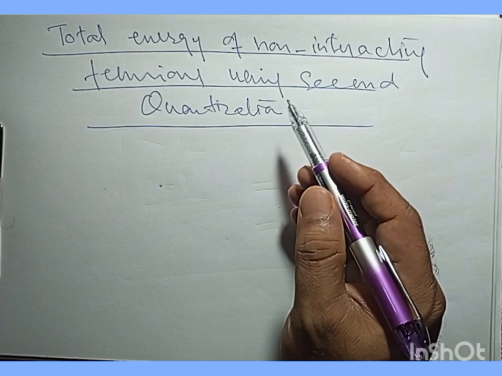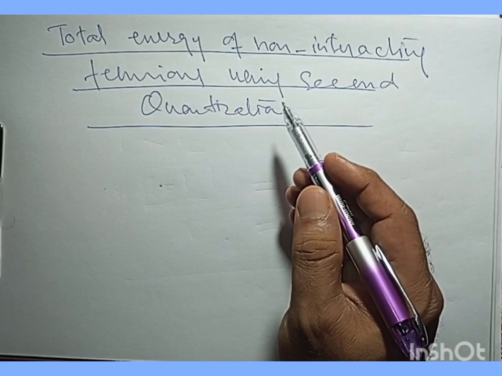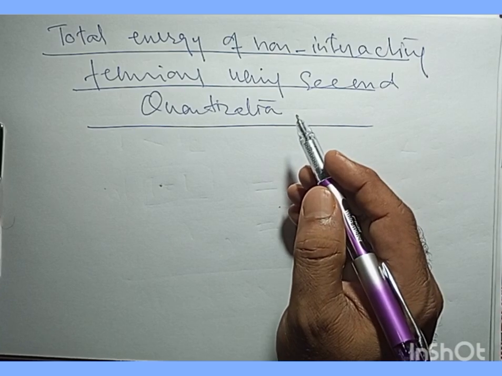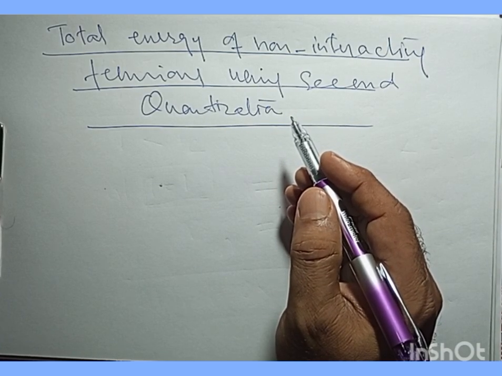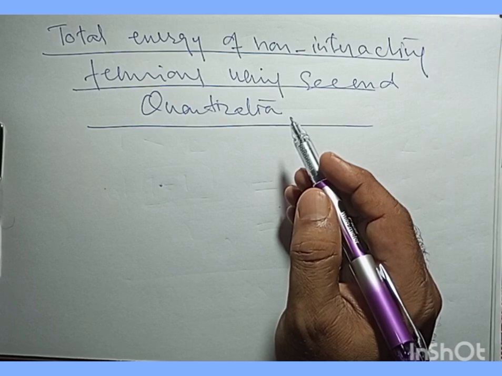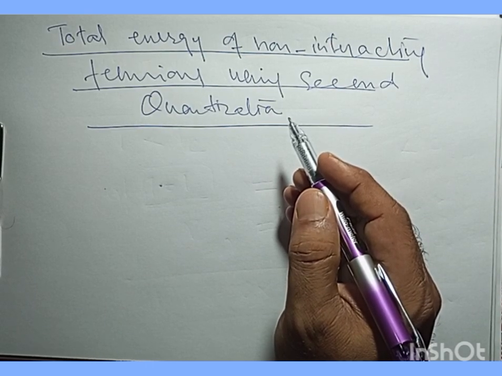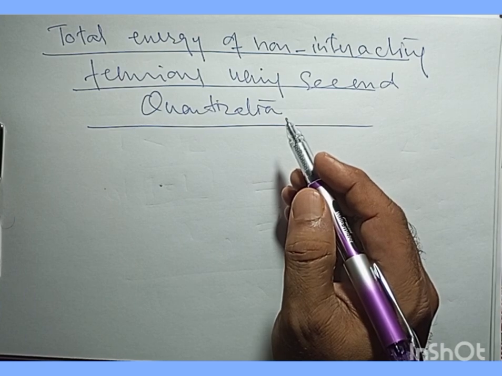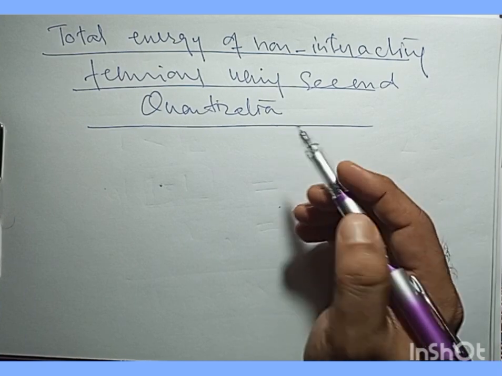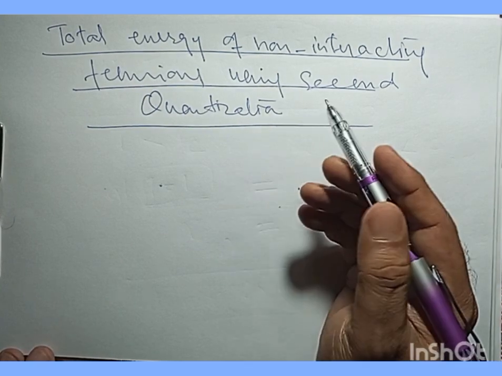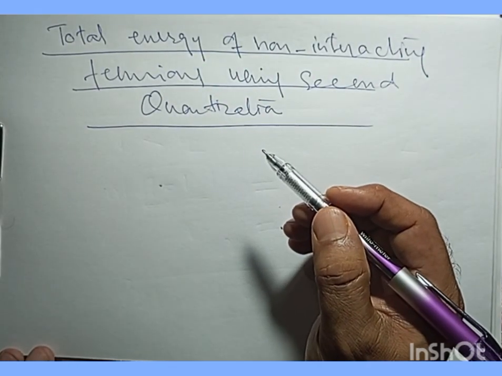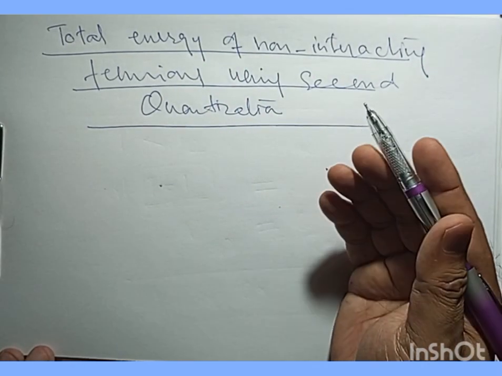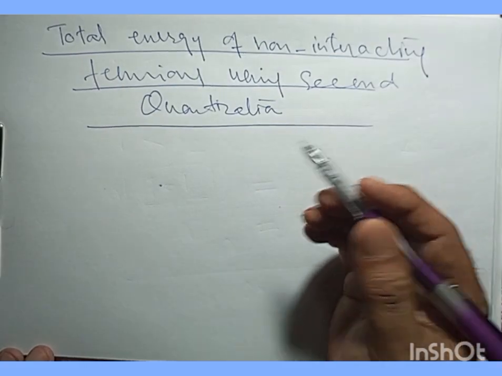At absolute zero temperature, the fermions obey Fermi-Dirac statistics, and obviously it follows Pauli's exclusion principle, which states that no two fermions can occupy the same quantum state.